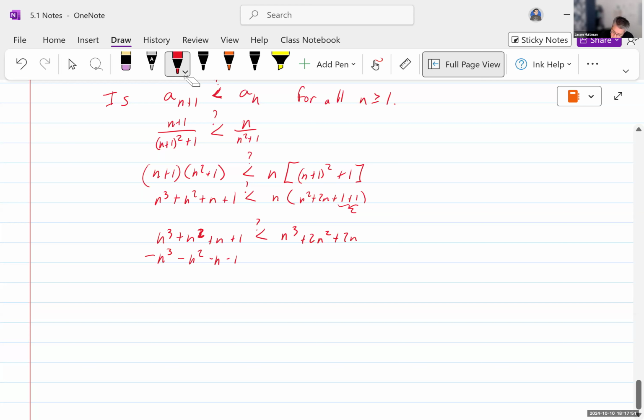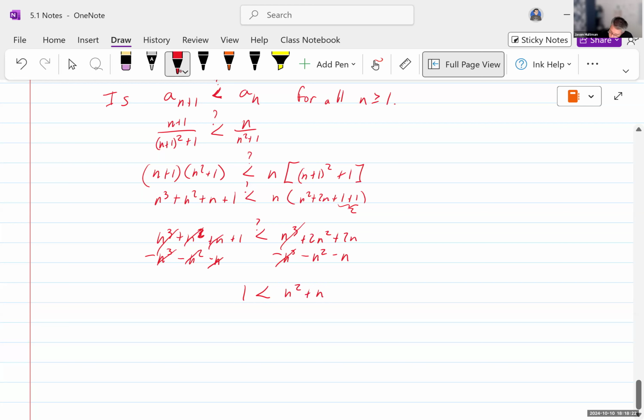Or actually maybe I'll leave the 1, to see if we can get a nice comparison. This is minus n cubed minus n squared minus n. So that goes away, this goes away, and I'm just left with 1 is less than n squared plus n.